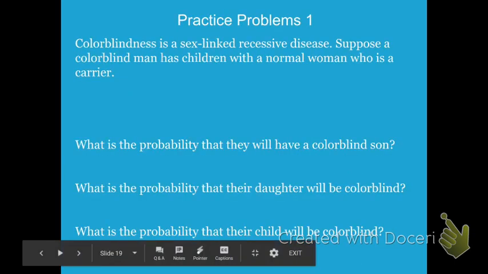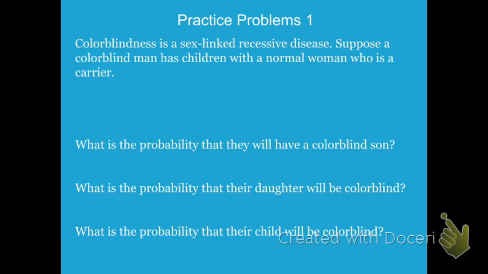So colorblindness is a sex-linked recessive disease. Suppose a colorblind man has children with a normal woman who is a carrier. A colorblind man is going to be this, right? And a normal female who is a carrier is going to be that.